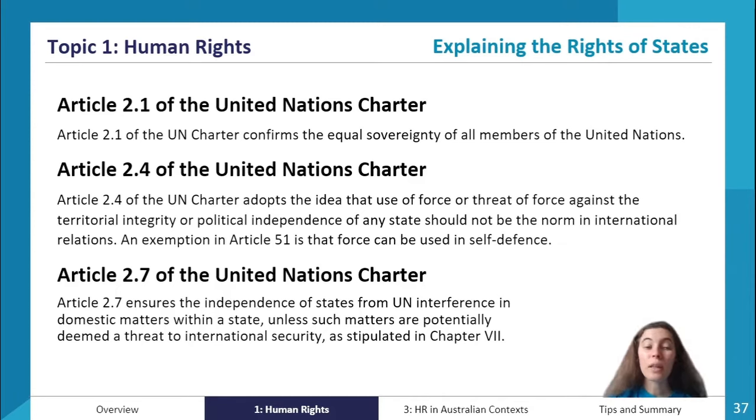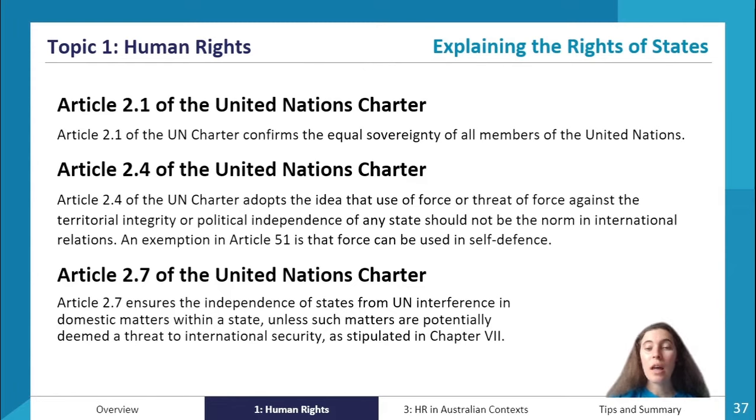Article 2.7 ensures the independence of states from UN interference, so United Nations interference, in domestic matters within a state, with the exception of matters that are potentially deemed a threat to international security.